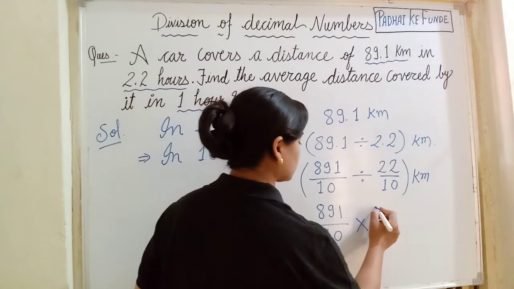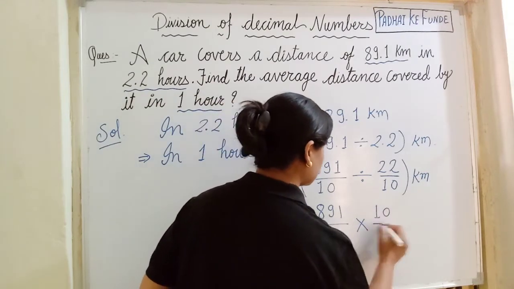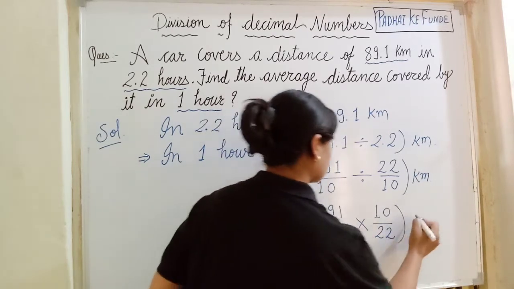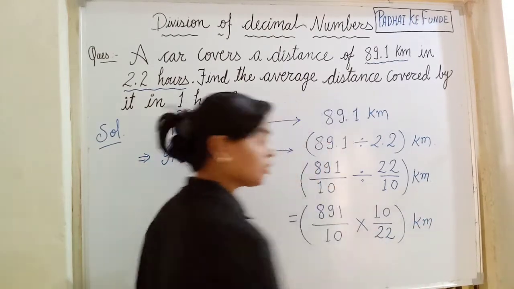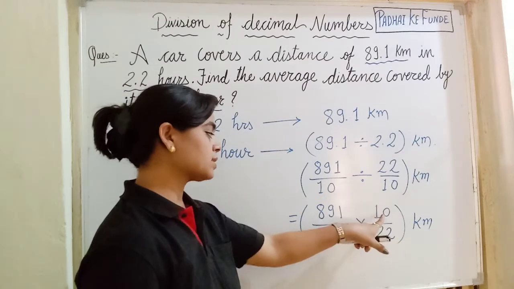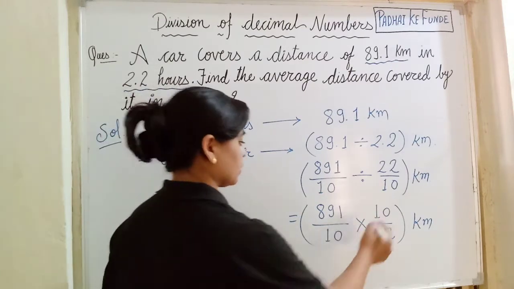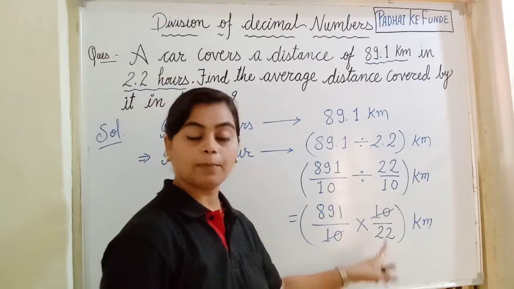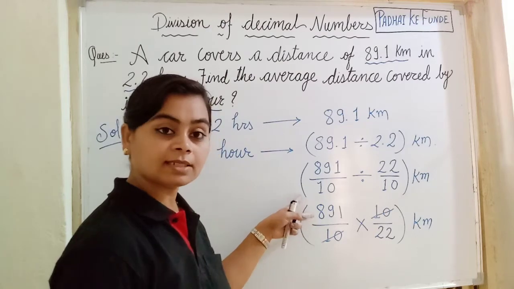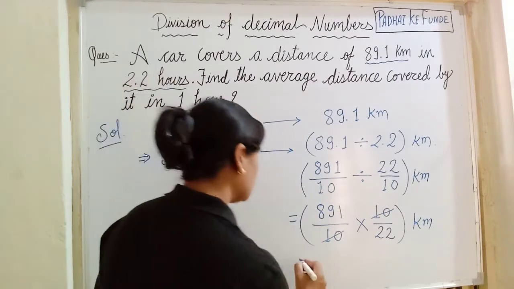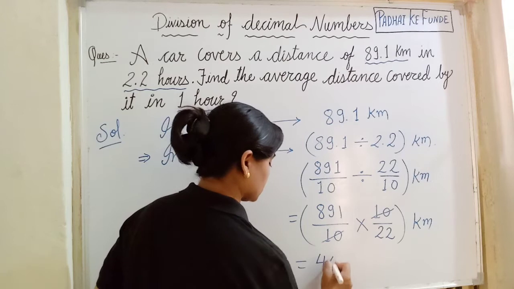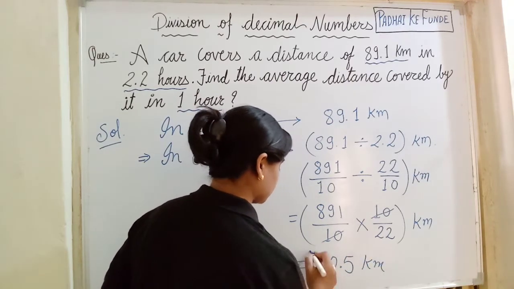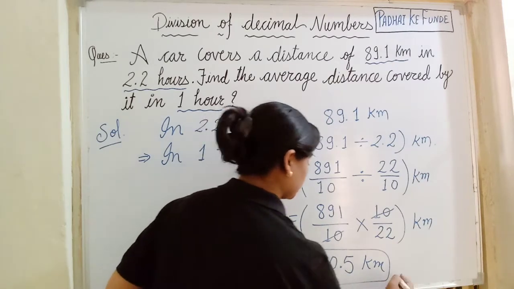So in place of 22 by 10, we write 10 by 22. Now we will simplify it. As you can see, this 10 can be cancelled with each other. So we have 891 upon 22. When we divide 891 by 22, we get 40.5 kilometer. This is the answer of our question.